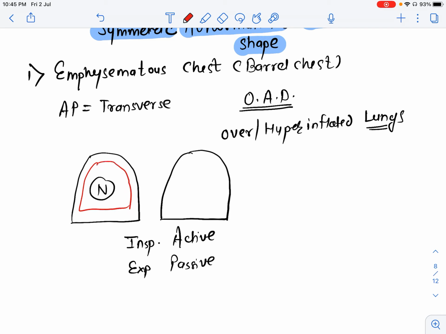This is how much the normal chest is inflated, and this is the chest of an emphysematous or hyperinflated patient. I'm talking in terms of a vertical section of a single lung.